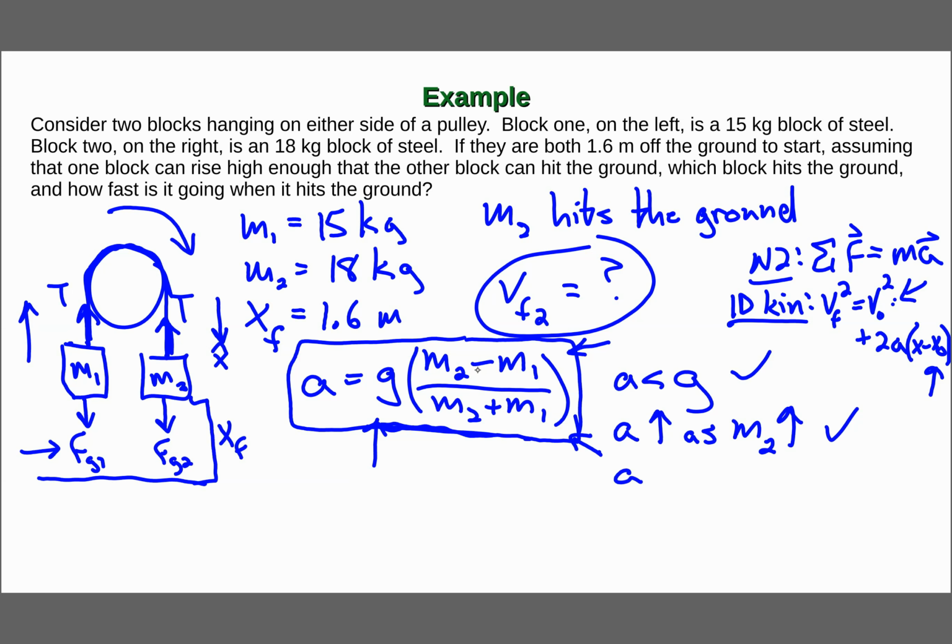And then the same thing, a gets bigger as m1 gets smaller. Okay, you can see that in this fraction. And that also makes sense, right? Again, as we make the difference between the two blocks bigger, we get something that's closer and closer to g, okay? You can also see that our a would change signs if m1 was bigger than m2, and that makes sense. That's telling us if m1 was bigger than m2, it would go this other direction, right?